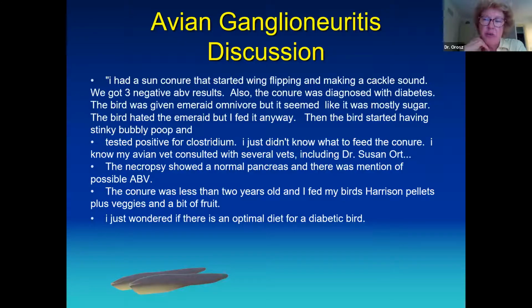He decided not to do that, but you could easily use, if they have the weight maintenance diet, the Nutri-Berries cakes, something like that. That is a little bit more digestible, but that one has more fiber. Okay, the Nutriberry cake for the weight maintenance. So that would be something that you would think about for a diabetic bird. Now, the necropsy showed a normal pancreas, and there was possible Bornavirus.